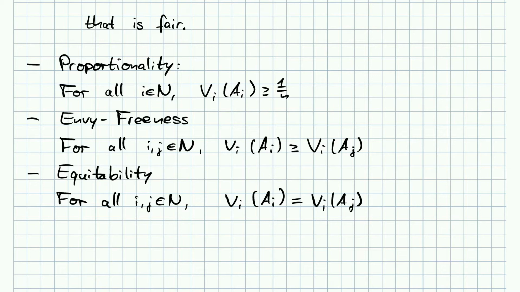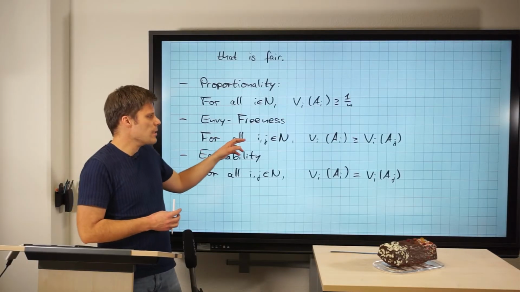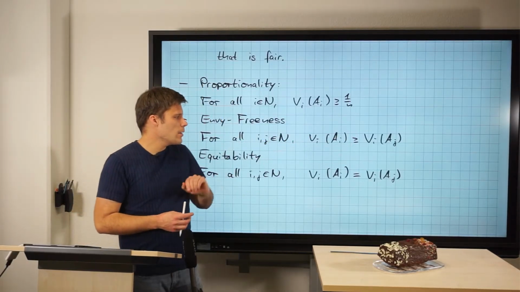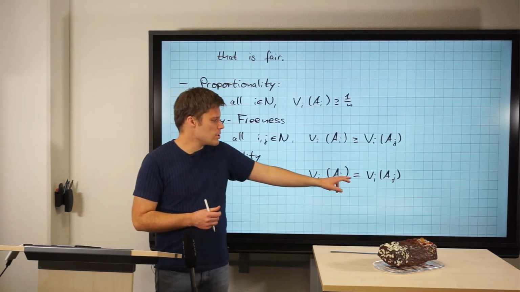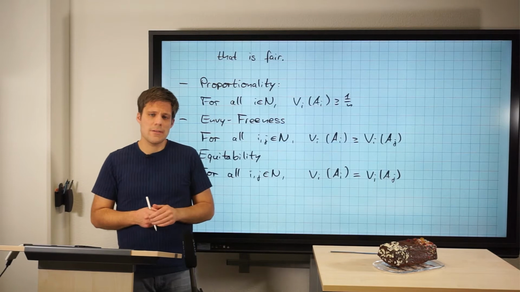So that for any i and any j, the value that agent i has for the set Ai should be equal to the value that they have for what anybody else is getting. So you see, this is something that is stronger than this second property, because it is just equality, where here we just have inequality.